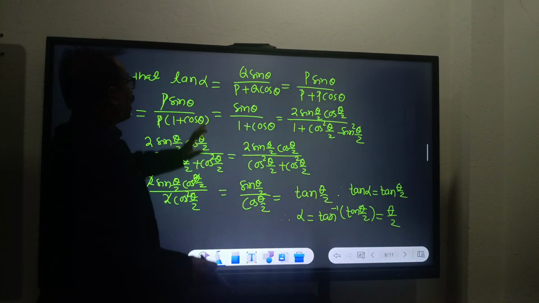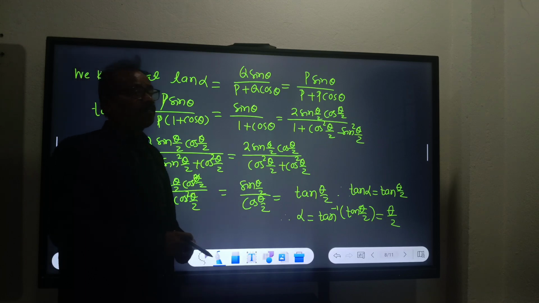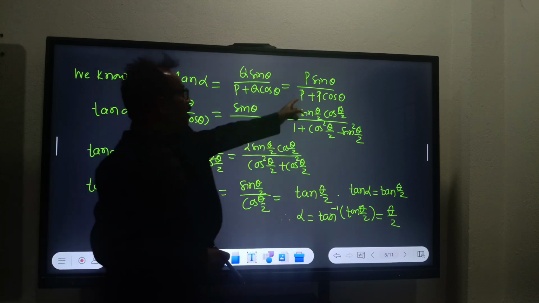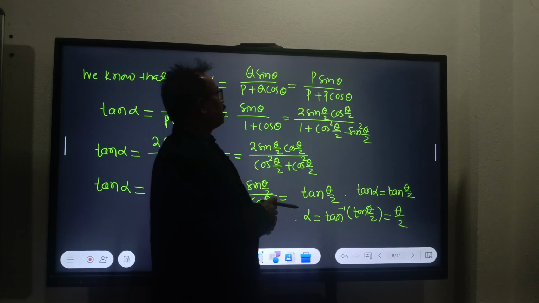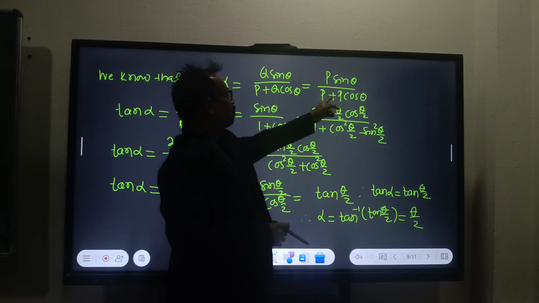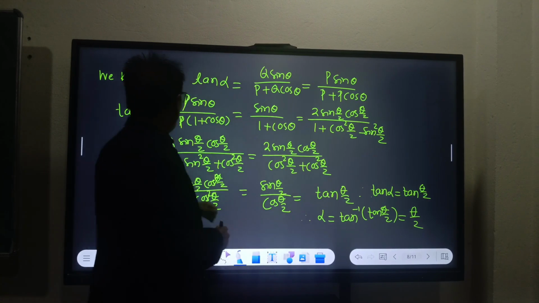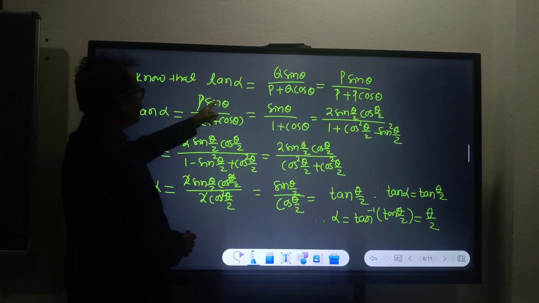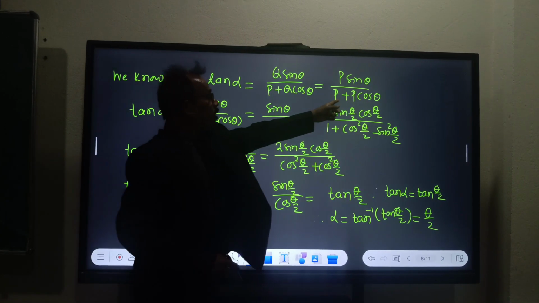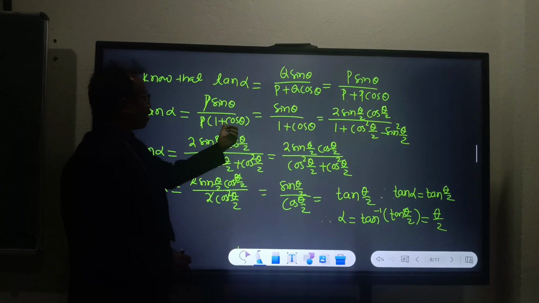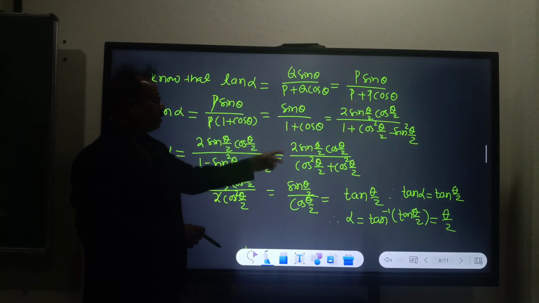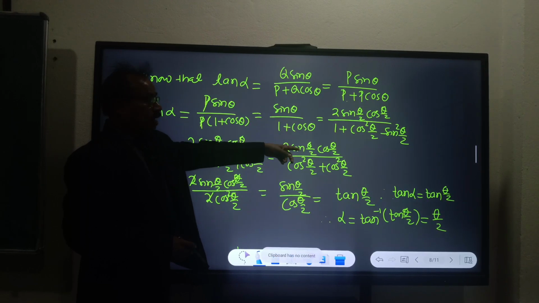Then we know that tan alpha is equal to Q sin theta by P plus Q cos theta. Here I am writing P sin theta by P plus P cos theta because P is equal to Q. Therefore, tan alpha is equal to P sin theta. Taking common P, we have sin theta by 1 plus cos theta.